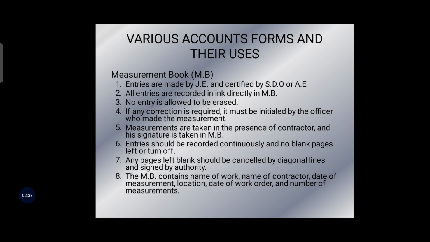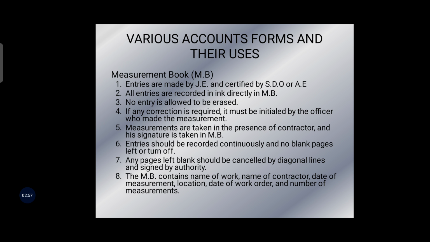So there are some points in relation to this measurement book. The first one is that the calculations of periodical works are certified. Then the measurements are taken accurately, preferably with a steel tape. All entries are recorded in ink directly in the measurement book.